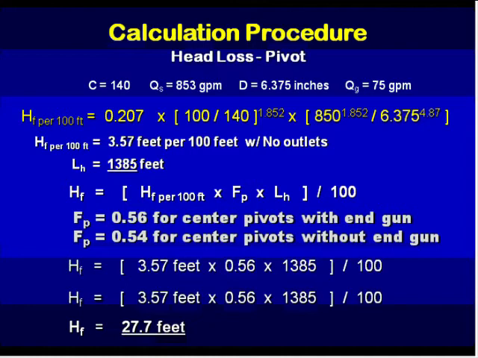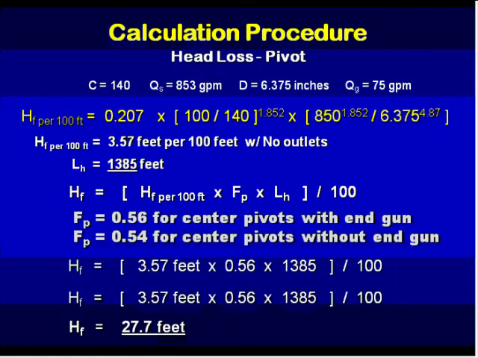If you look in the literature, there are values for F sub P that have been calculated based upon theoretical values, and they range from 0.54 for a system without the end gun to 0.56 with the end gun.